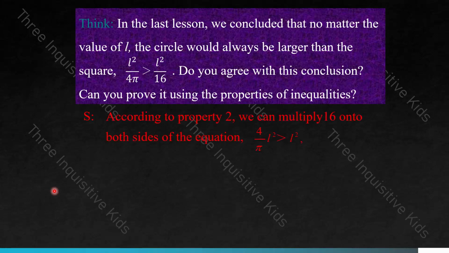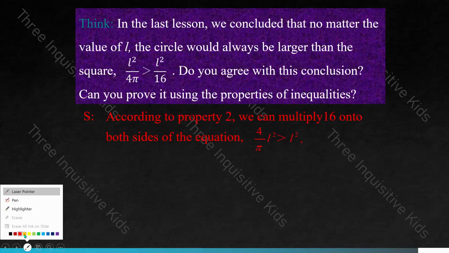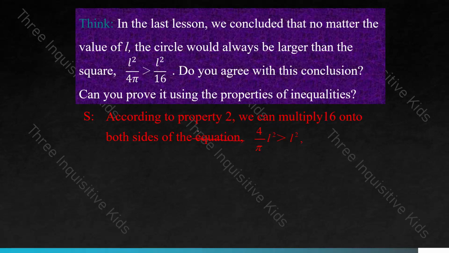Here's our solution. According to property 2 of inequalities, we can multiply 16 onto both sides of the inequality, giving us 4 over pi times L squared is greater than L squared.